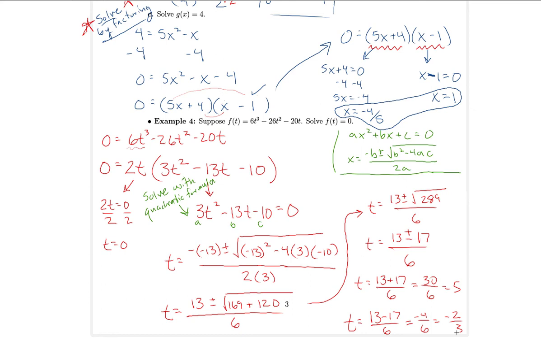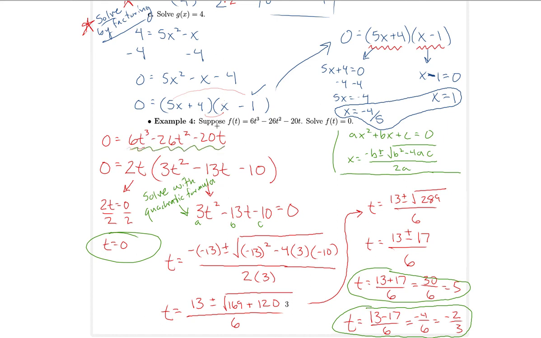And so what we get here is 3 different solutions. t equals 0, t equals 5, and t equals negative 2/3. If you plug any of those 3 t's back into this original function, you will get 0 as was desired in the first place.